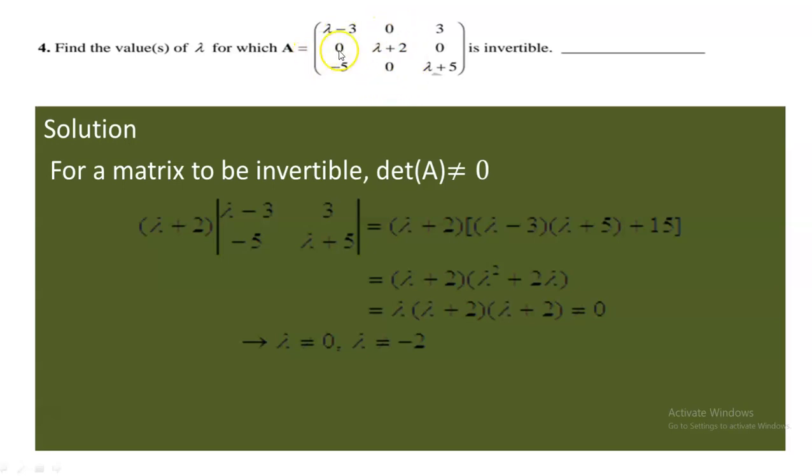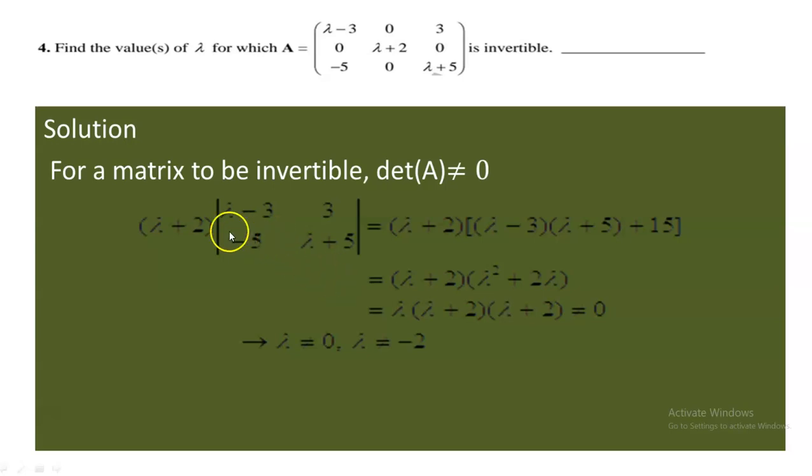As you are covering the second row and the second column, you are left with these entries of your matrix A. Lambda minus 3 as you see, and 3 as you see here, minus 5 again comes here, and lambda plus 5 follows. So now we need to find the minor for this lambda plus 2, and that is the determinant of this 2 by 2 square matrix.